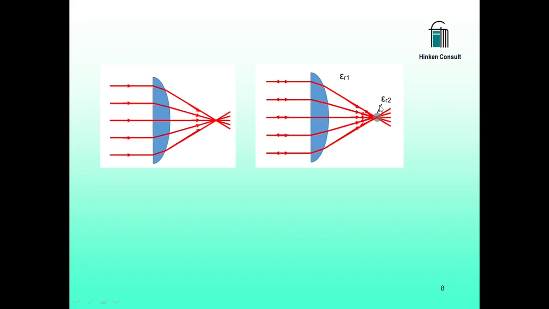If, however, there is a particle with some different permittivity in the focal spot, then scattering occurs in all directions, and a part of this propagates as reflections back through the lens. These reflections can be received by the antenna in which the incident rays were generated.